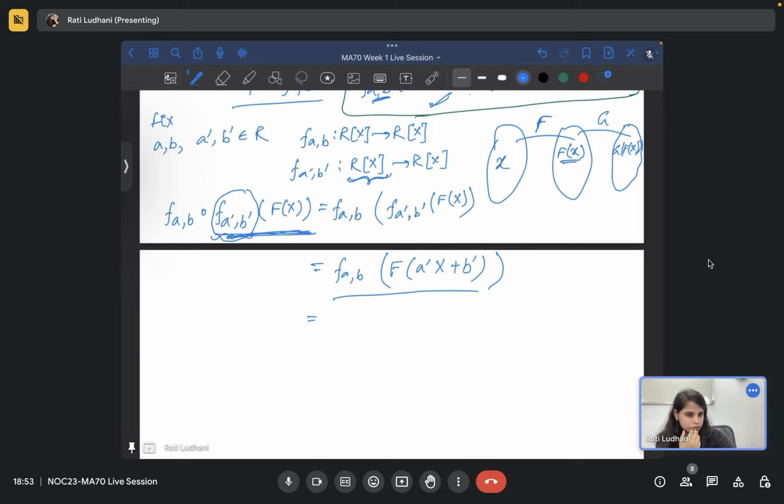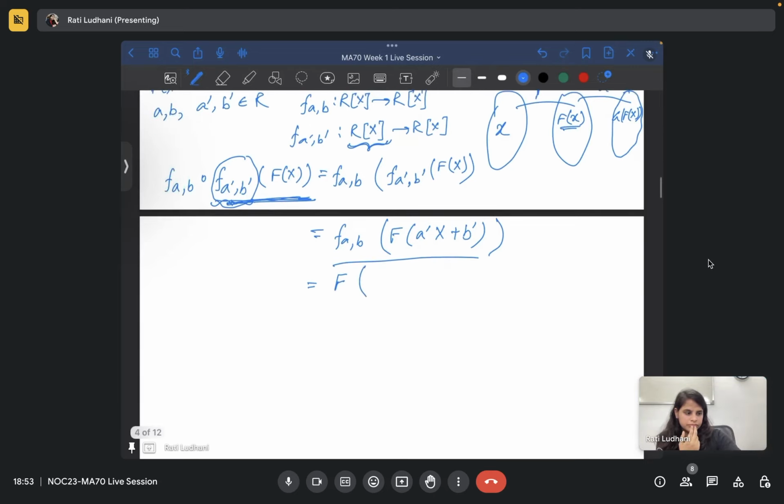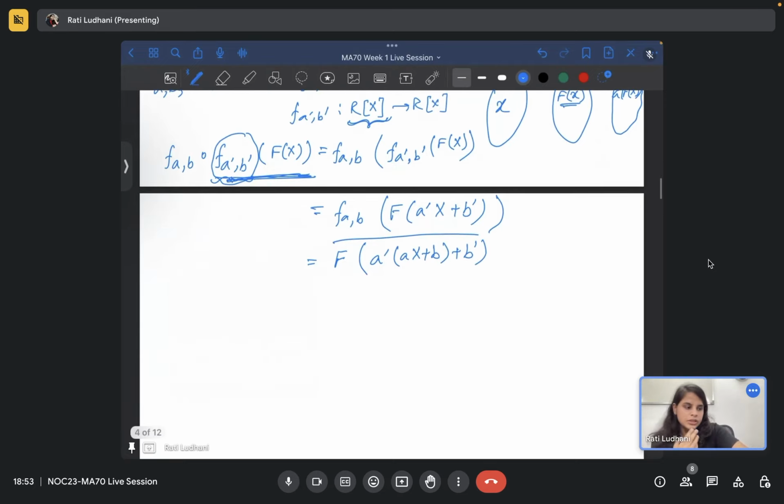So what should I write here? f of a'(ax + b) + b'. Exactly. Yes, that y thing was wrong in my sense, of course. So exactly as you said. What does this do? If you say f of a'x + b', this is like g(x), because this is a polynomial in x.